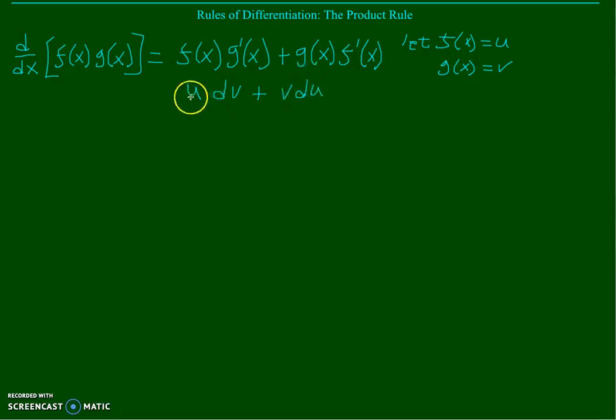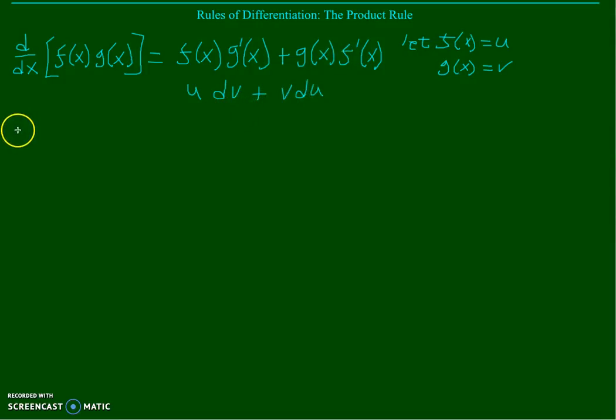That is the original function f times the derivative of the second function plus the second function times the derivative of the first. So either way you want to look at it, it's up to you, but that is the product rule. So let's see how it's used.